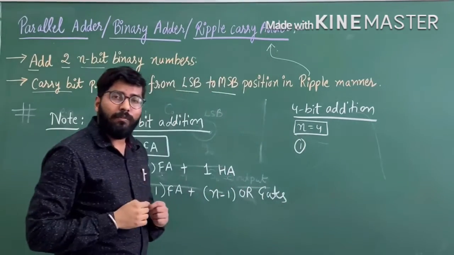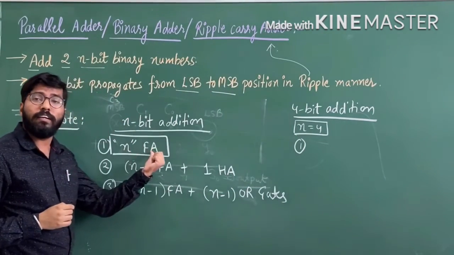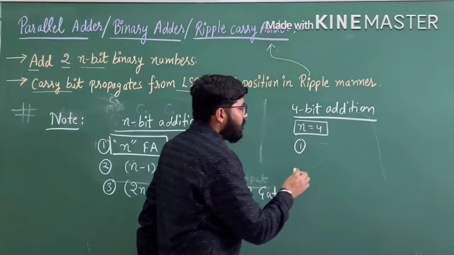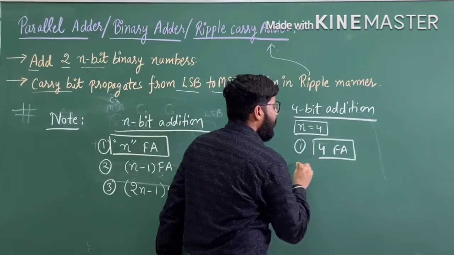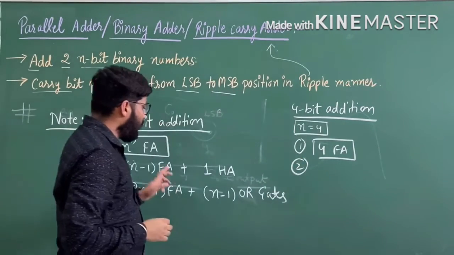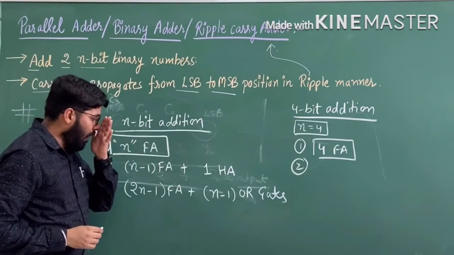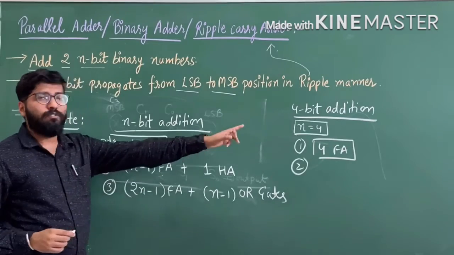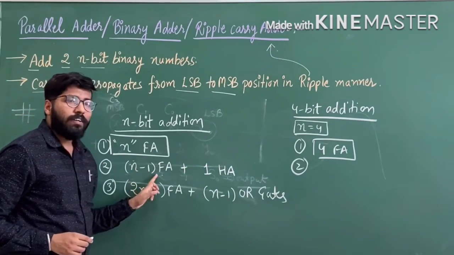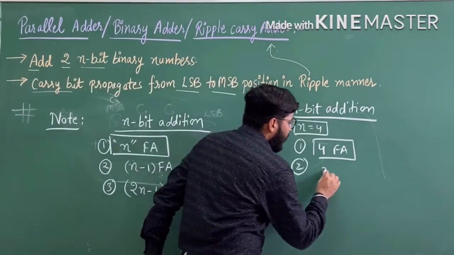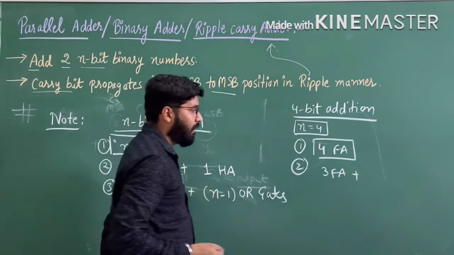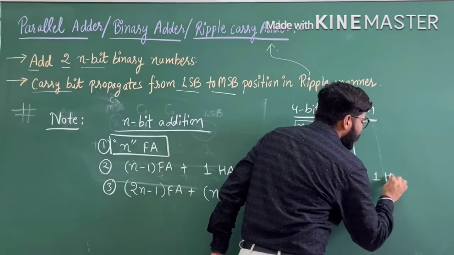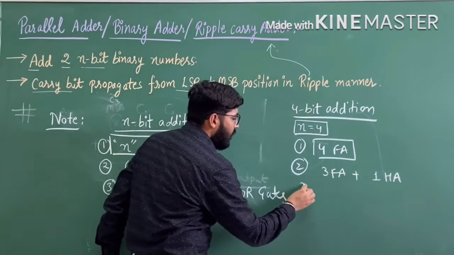The number of full adders required is n, so here it becomes 4 full adders. So this is your answer. If it asks in terms of full adders and half adders, you have to use this formula. The value of n is 4, so 4 minus 1 is 3. So 3 full adders plus 1 half adder. So this is another combination of full adders and half adders.